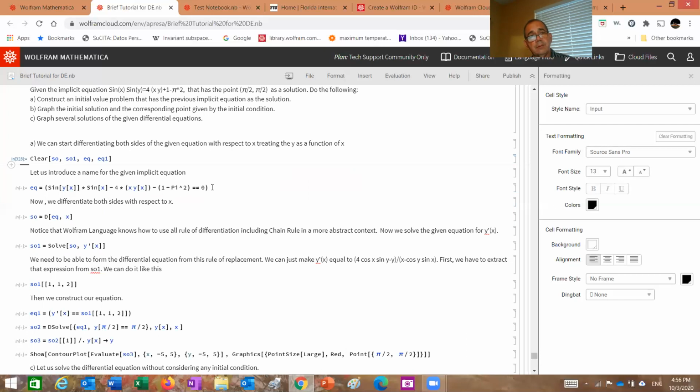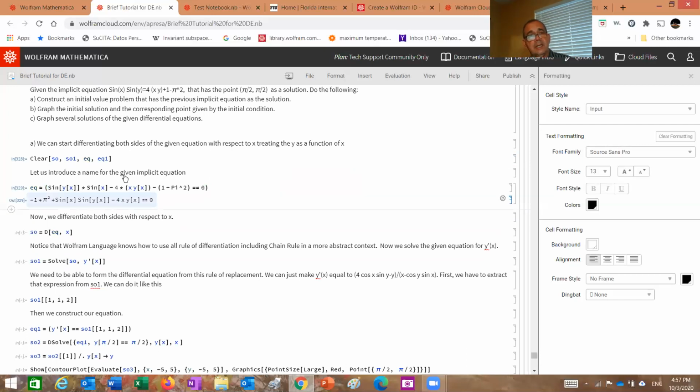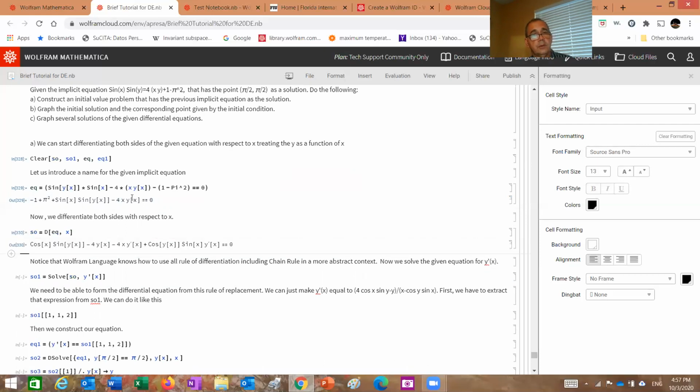We're going to use the name EQ for that equation, so you press enter, and now we are representing that equation by EQ. Now we can differentiate that equation with respect to x using this way of differentiating, and we're going to represent this by SO. And then you get this equation.